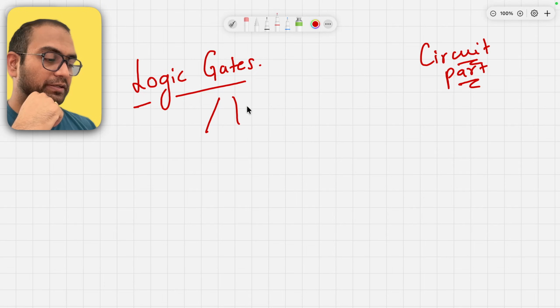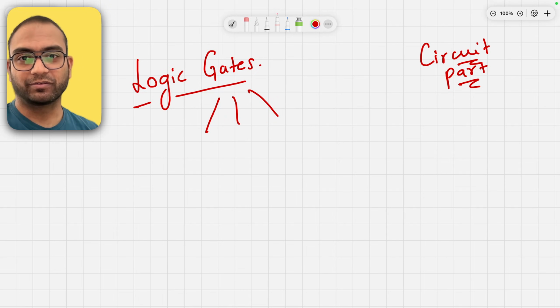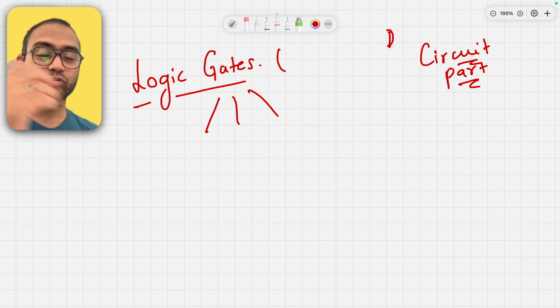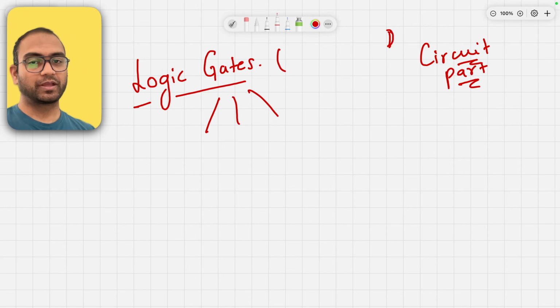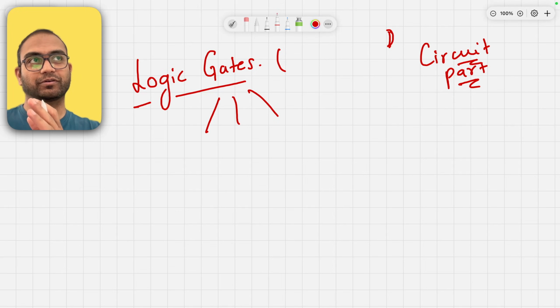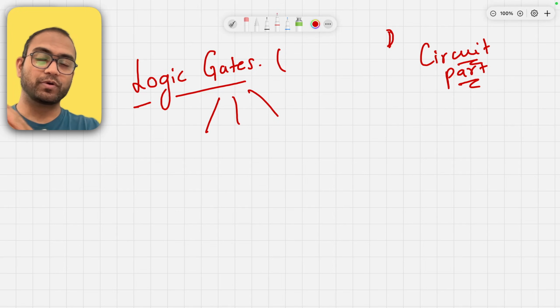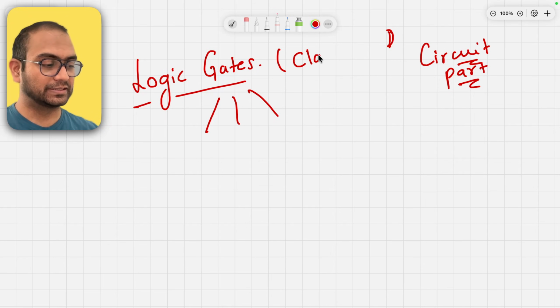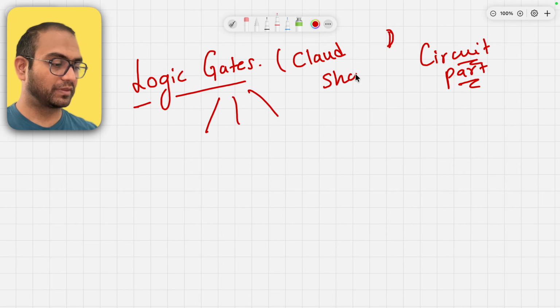Without going into the background of gates, if you are interested in understanding who investigated how we can use circuits to implement logic, the answer to that is Claude Shannon.